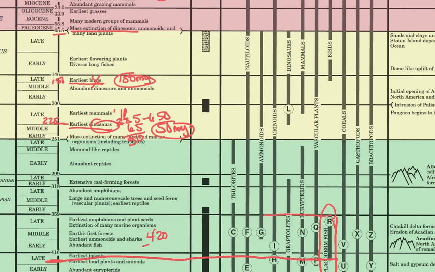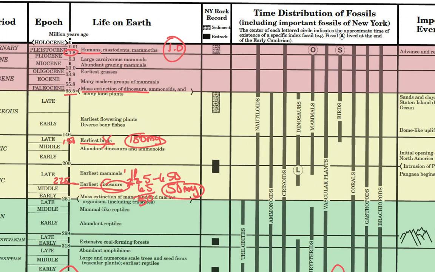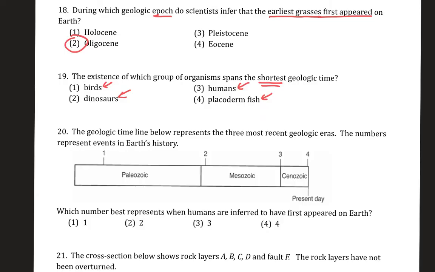And their whole entire species died 359 million years ago. So if we do the math, that's going to be about 61 million years that they survived. But that certainly does not come close to humans. Humans are the shortest lifespan. So the correct answer, humans.